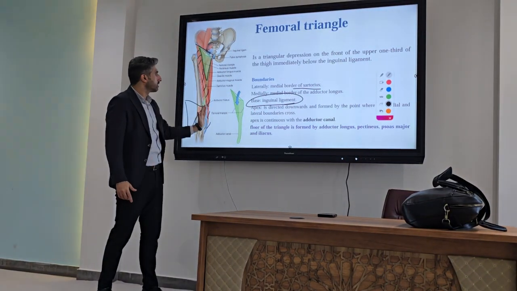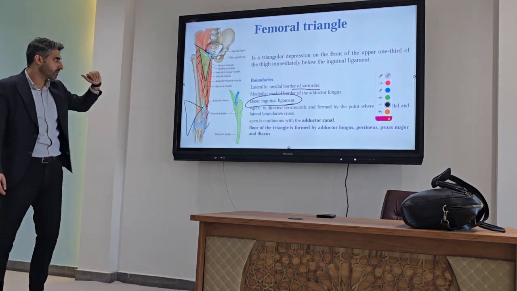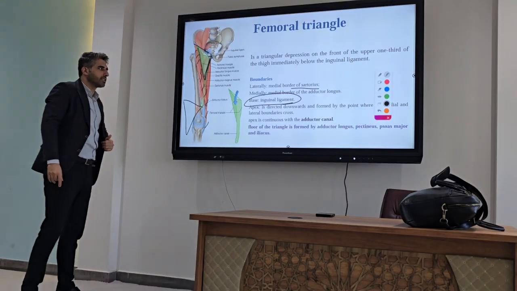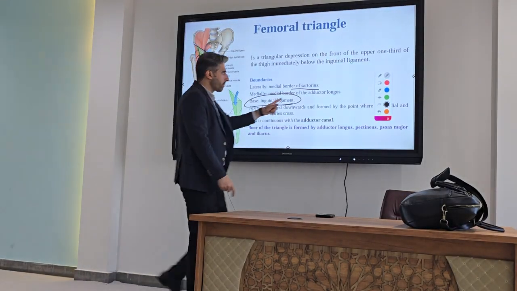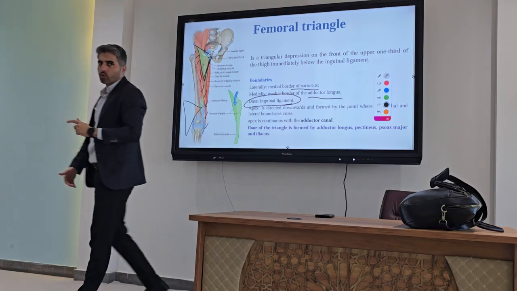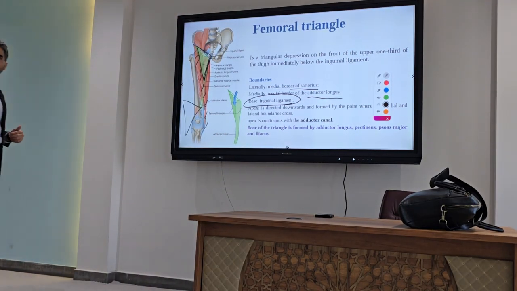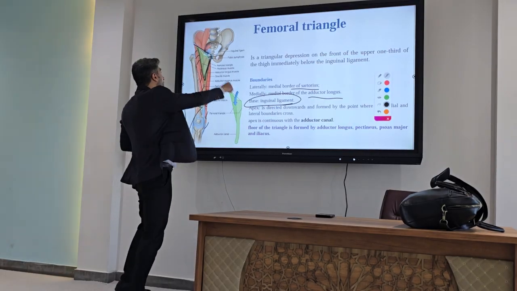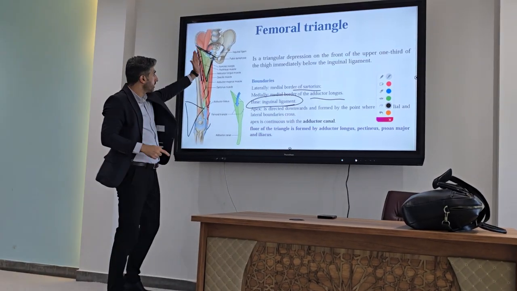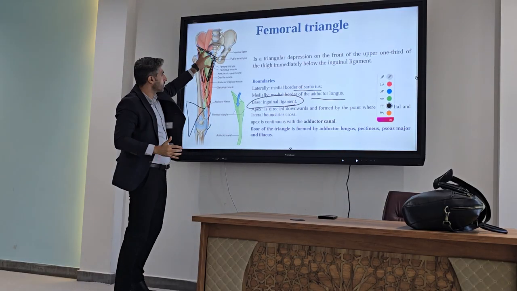I will explain it on the anterior side. The medial side of the triangle is adductor longus, from the medial compartment of the thigh. So this is the shape of the triangle: base, inguinal ligament; lateral border, sartorius; medial border, adductor longus.